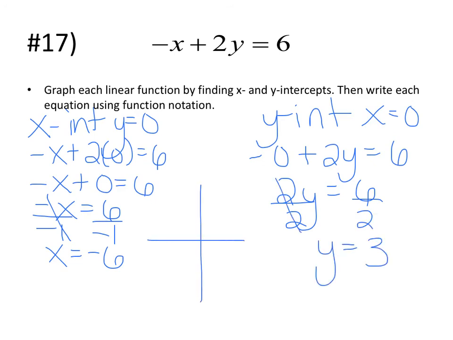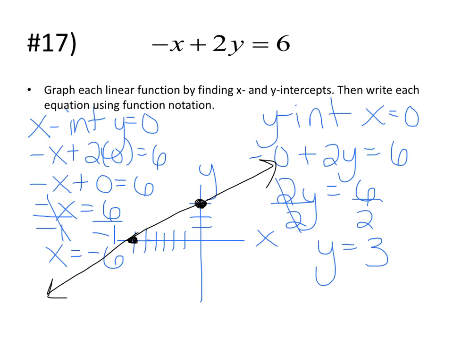So when I go to graph this, I'm going to say 1, 2, 3. So x is negative 6 is right here, and y is 3 is here, and then you're going to connect them, and that's your graph.